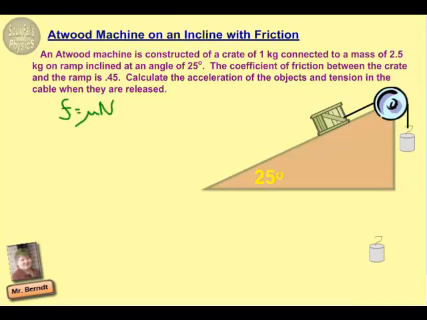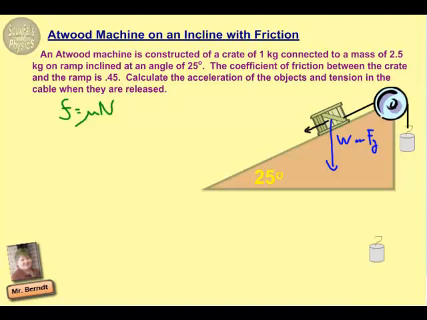So how will we find that normal? Well, we know a couple things. The crate has weight. We can call it W for weight, or we can call it F of G. Either one is acceptable. That's a force downward. Some of that force is going to cause the normal. Some of that force is going to cause it to move in this direction, assuming there was no other weight acting on it.